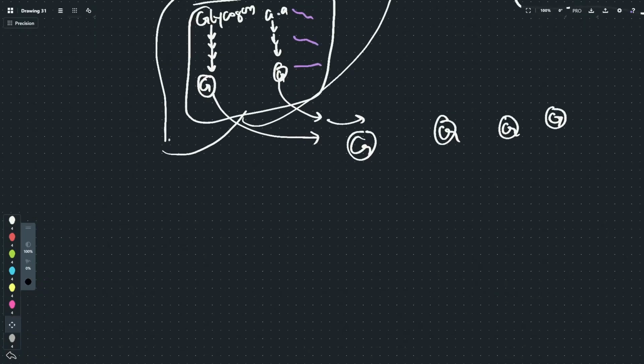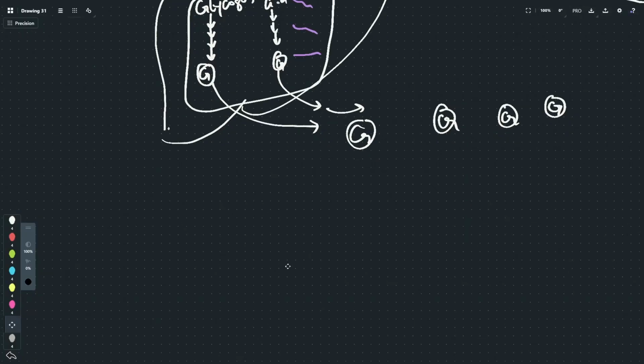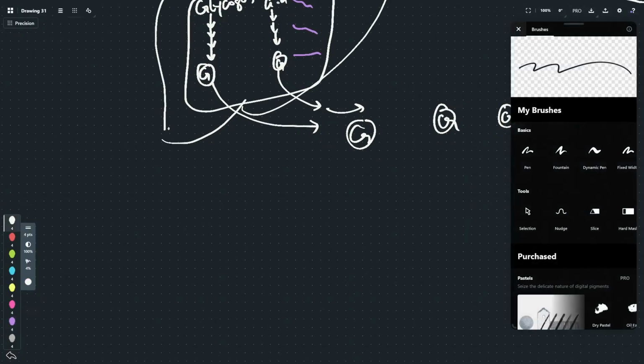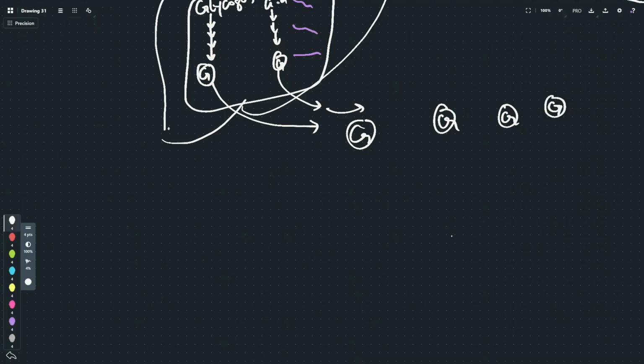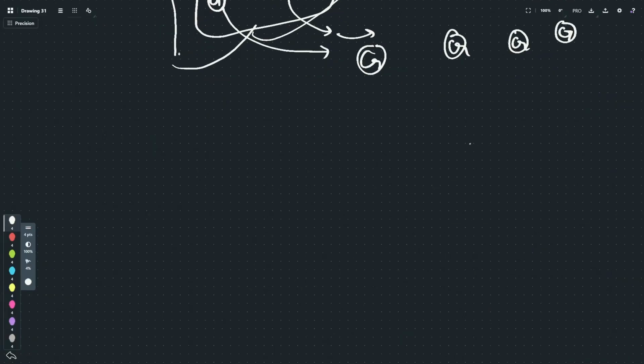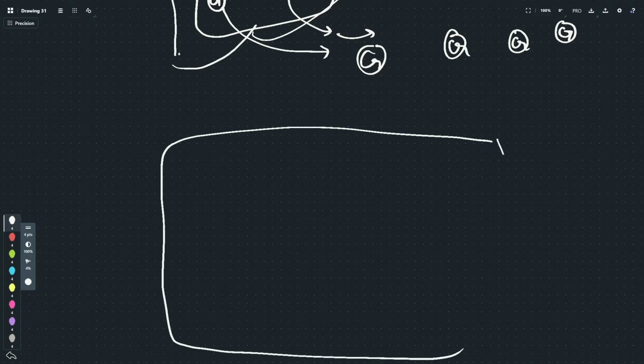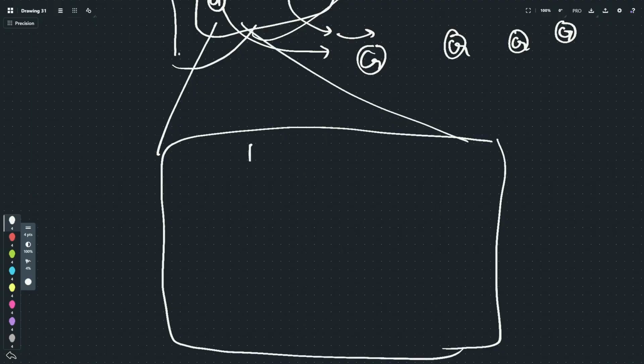Now here starts the problematic part. Let's draw a part of the mitochondria of the liver, a hepatocyte. In the hepatocyte, fatty acids will come and undergo beta oxidation to form acetyl CoA.